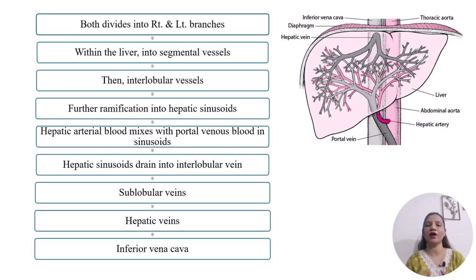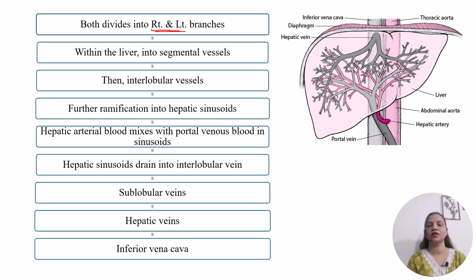Let's understand how this circulation occurs, or how the arterial supply is given to the liver. So firstly, the hepatic artery and the portal vein both enter into the liver through the porta hepatis, and after entering into the liver, first they divide into the right and left branches.